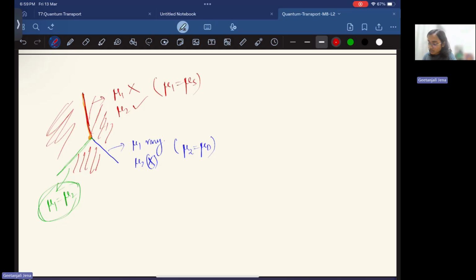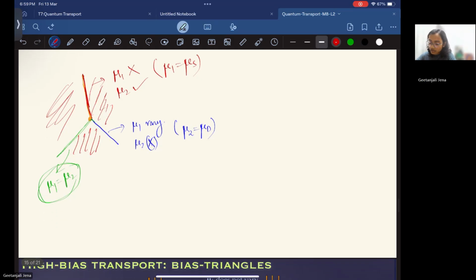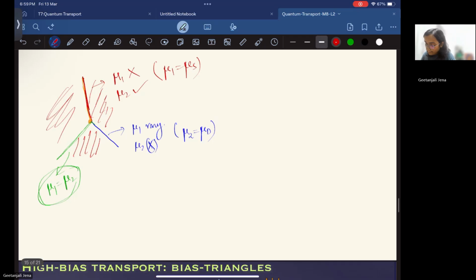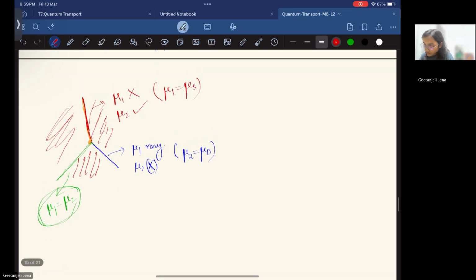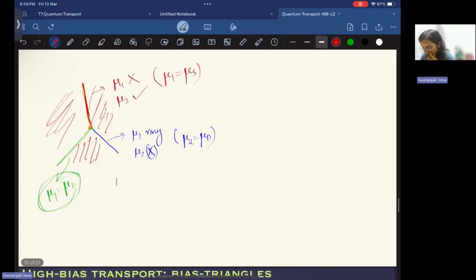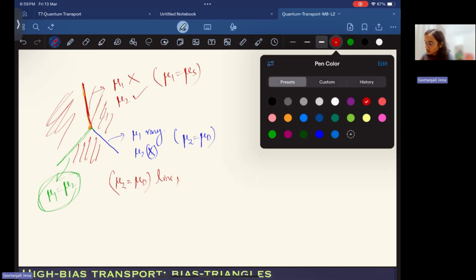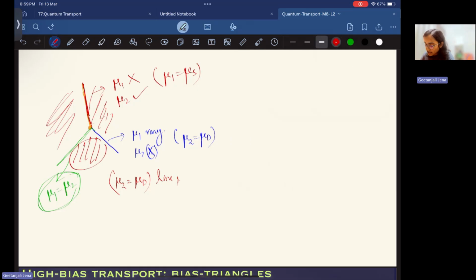So to see the charge transport, let us say mu2 is equal to mu d. Let's say we are studying this blue line. So if we consider the region below this line, so we are considering this region below this blue curve.